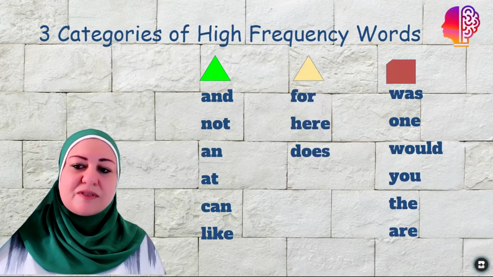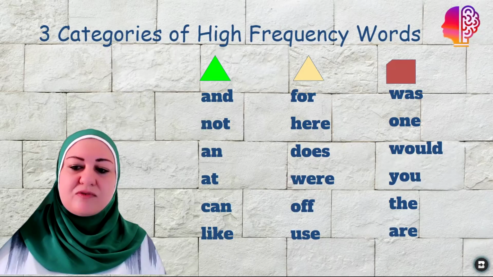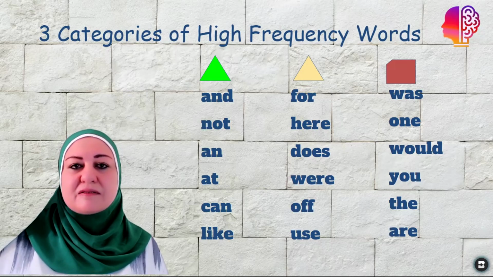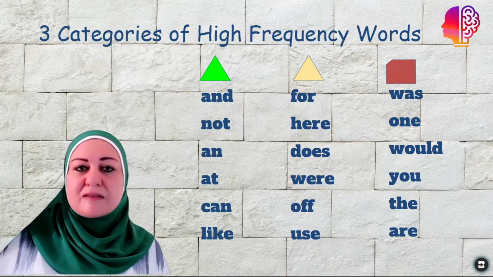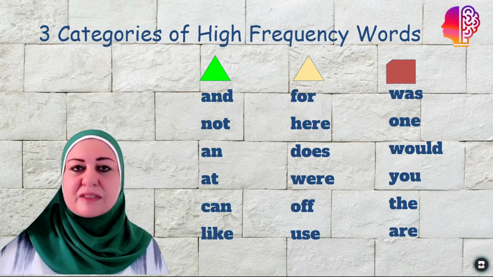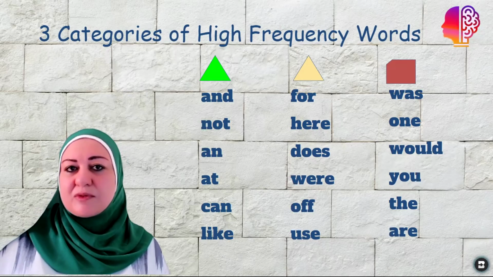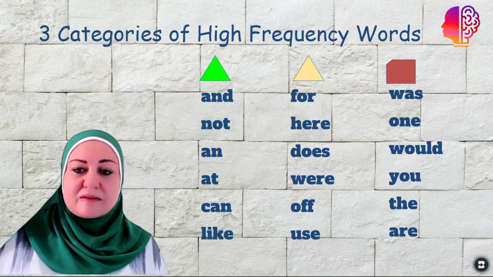And the ones that are temporarily irregular are words like for, here, does, were, off, use. For instance, the word use: when the children learn the silent E syllable and that the E makes the vowel before it long, then this word is no longer temporarily irregular. It becomes a decodable, regular word for them, okay?